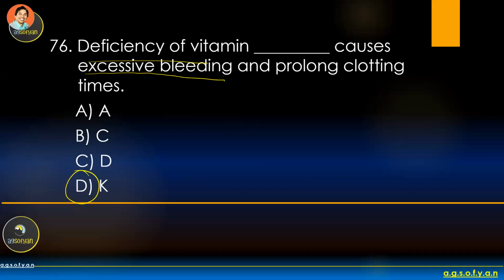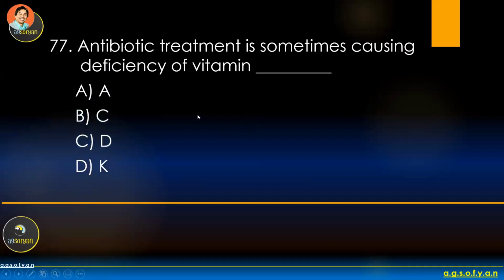But deficiency of vitamin K will also cause excessive bleeding. Antibiotic treatment sometimes causes vitamin deficiency. Antibiotics mostly interfere with vitamin K. So people that take antibiotics very likely also have excessive bleeding.